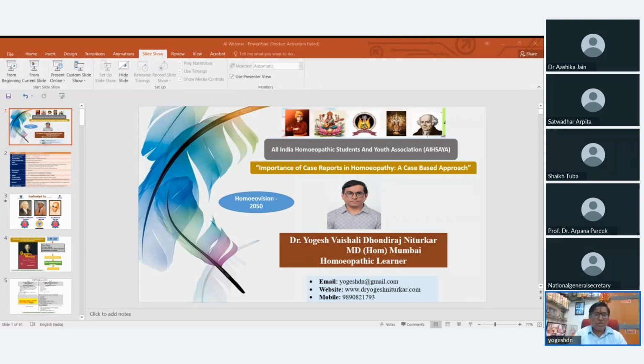This is a general diagram that we had made in terms of step 1 and step 2 for individualization of disease and individualization of patient.